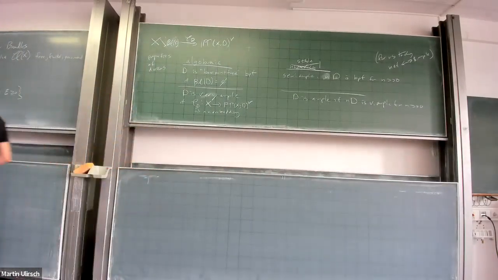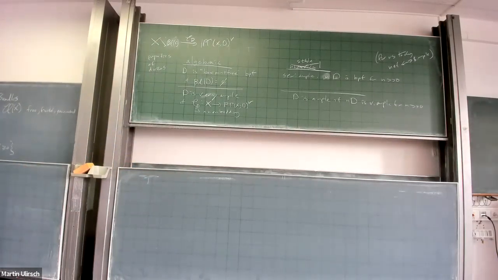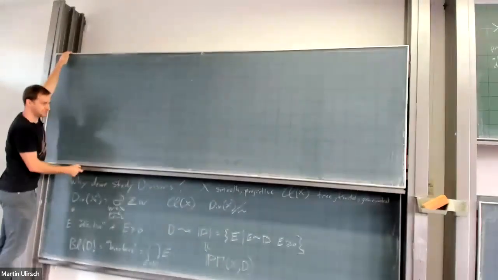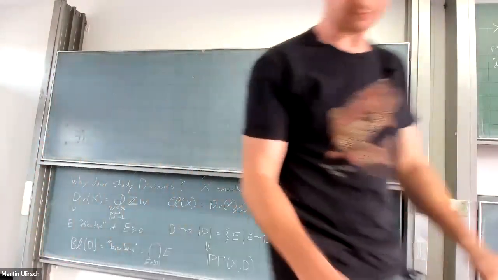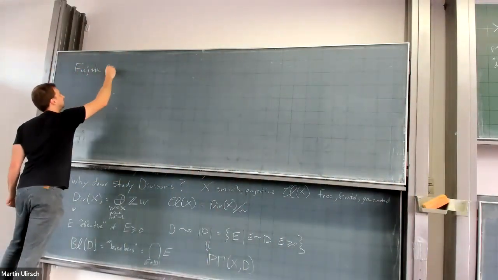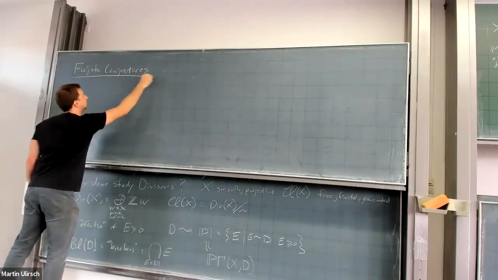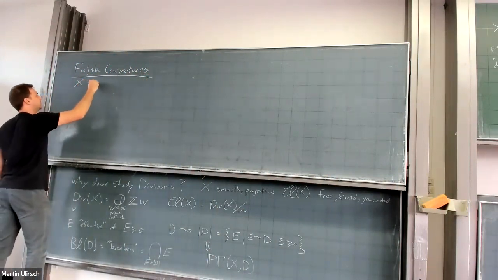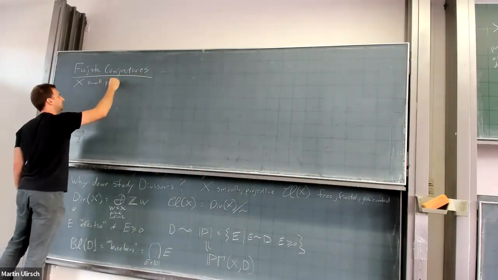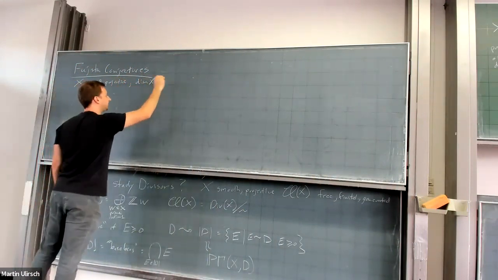So with this in mind, we introduce the question that I'm interested in. This is the Fujita conjecture. So X is going to be smooth projective, and its dimension is going to be d.